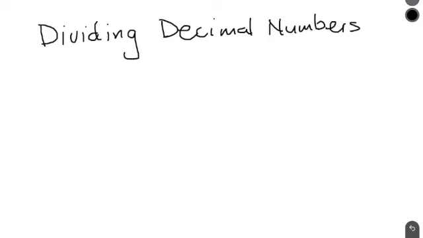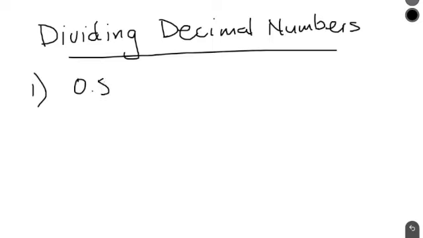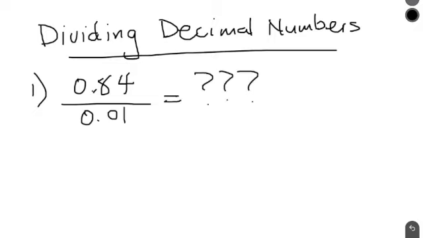In this video, we're going to be reviewing how to divide decimal numbers. When we see a problem where we have numbers like this, for example, 0.84 divided by 0.01, how do we go about dividing those kinds of problems?